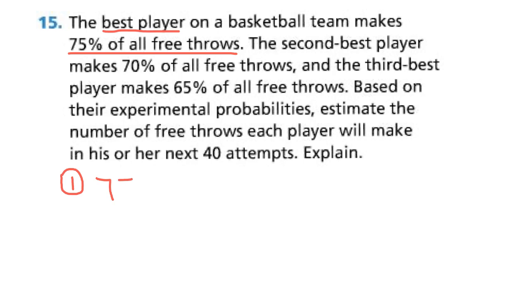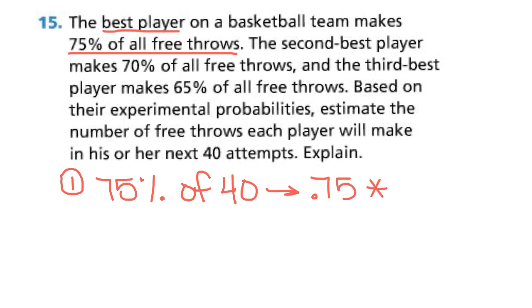So if he makes 75% of his free throws, then we're going to find 75% of the next 40 free throws. And to find 75% of 40, we're going to turn our percent into a decimal. 0.75 of tells us to multiply, and we're going to do 0.75 times 40. This will give us a finding of 30 out of the next 40 attempts.